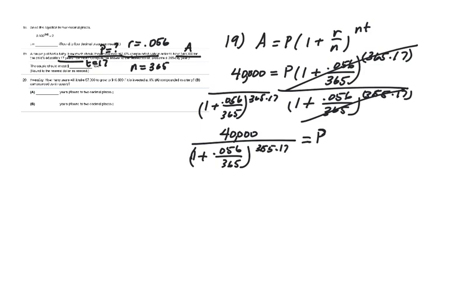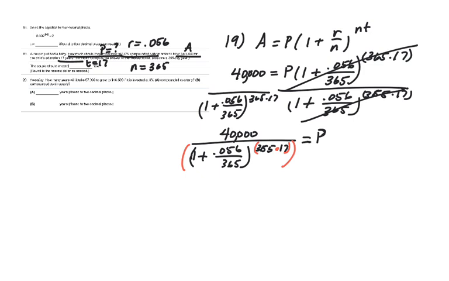When you're typing this in, be careful to add an additional parentheses. I don't think you need it here, but we'll make a good habit of it. And here, 365 is multiplied to 17, so make sure you put that in parentheses as well.